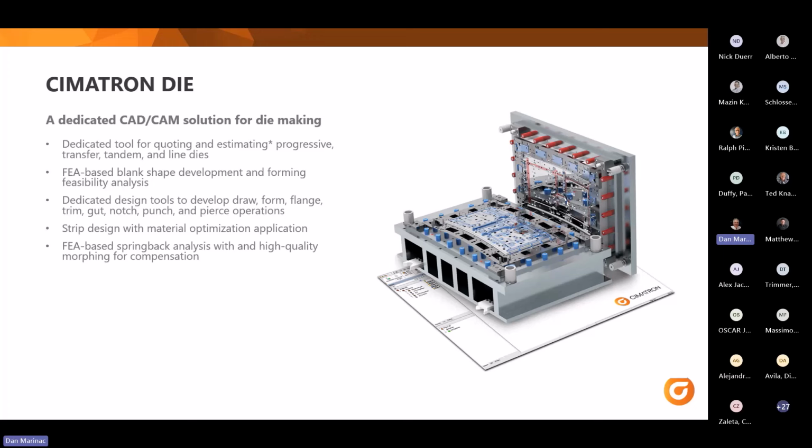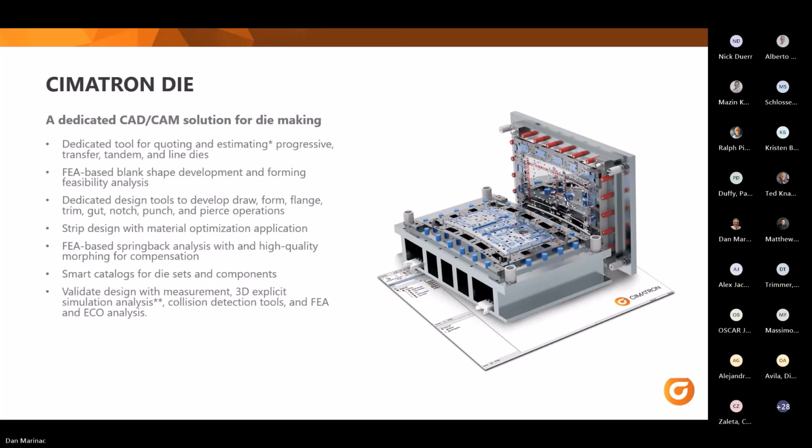That portion of this demonstration will be reserved for the 3rd in our series. Smart catalogs for die sets and components. Validate your designs with measurement, 3D explicit simulation analysis, collision detection tools, FEA and ECO analysis tools.